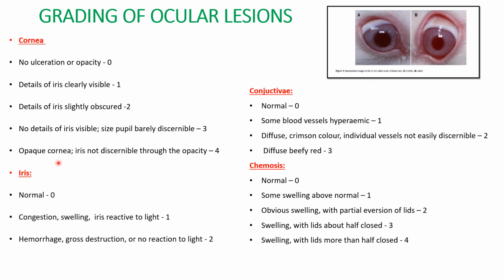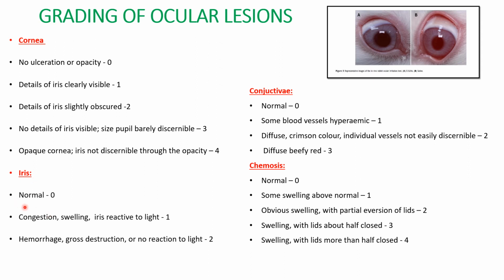Then opaque cornea, iris not discernible through the opacity, then we will give grading 4. That means in the last grading, the cornea is not at all visible.